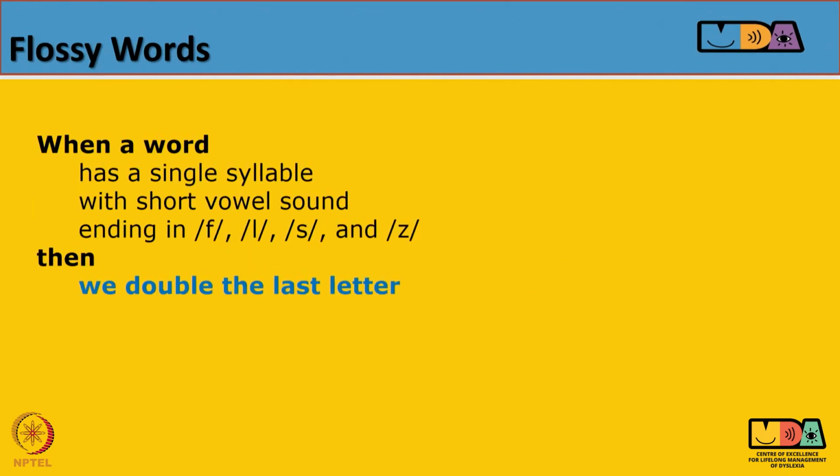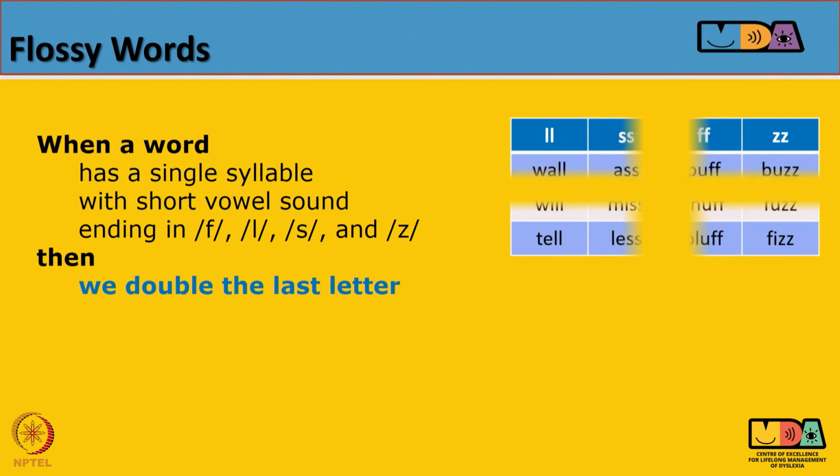When you have a word with a single syllable with a short vowel sound ending in F, L, S and Z, then we double the last letter. Let me revisit this rule. When you have a word which is a single syllable with a short vowel sound ending in F, L, S and Z, then we double the last letter.